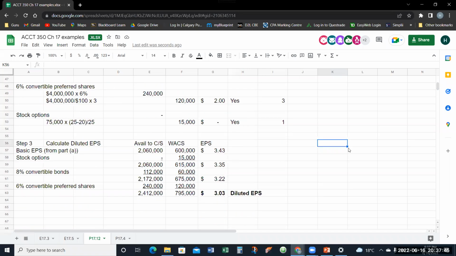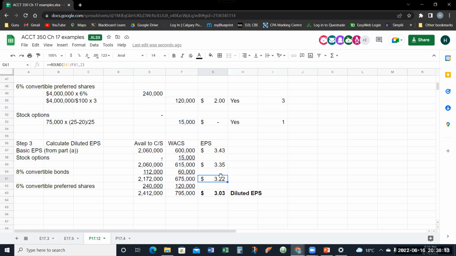This number I'm calculating iteratively, right? I first brought in the stock options and did the math, then the convertible bonds. So if at the 8% convertible stage this number ended up being more than $3.35, suppose it was, okay.